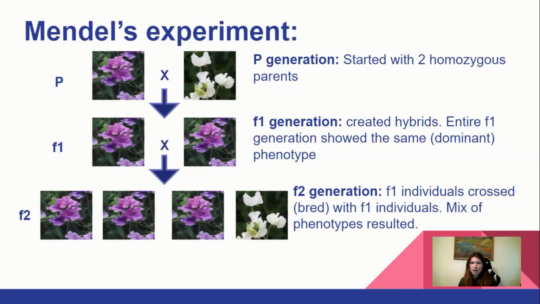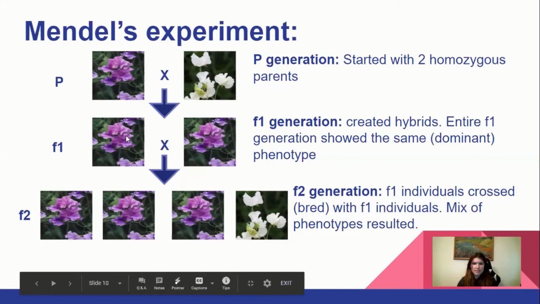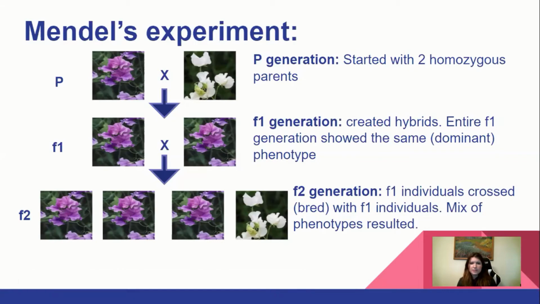Now, when he crossed the F1 generation with itself, so say this individual with this individual, you saw that he got a number of different phenotypes. So he got a lot of purple flowers, but he also got some white flowers. So this recessive gene showed back up in the F2 generation.